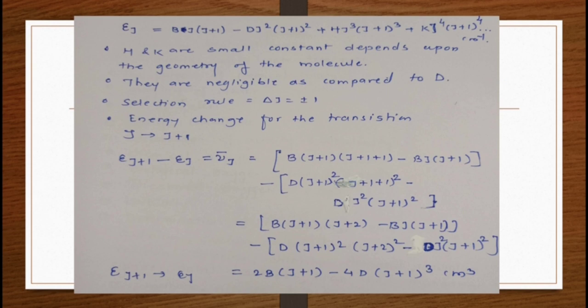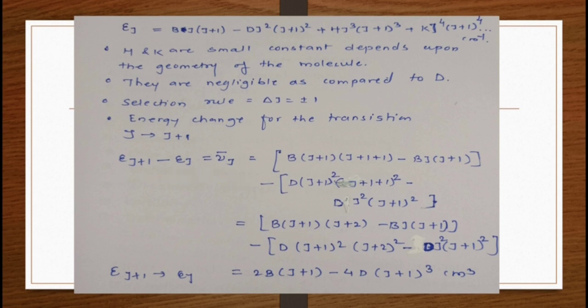The selection rule for rotational spectroscopy is delta J equal to plus or minus 1. So just consider the general transition from ground state J to the excited state J+1.